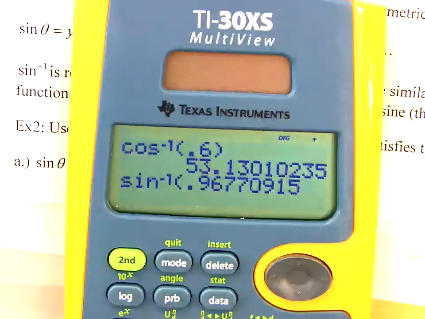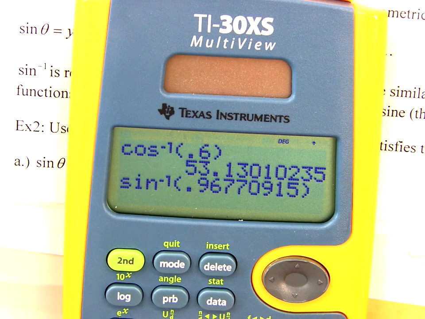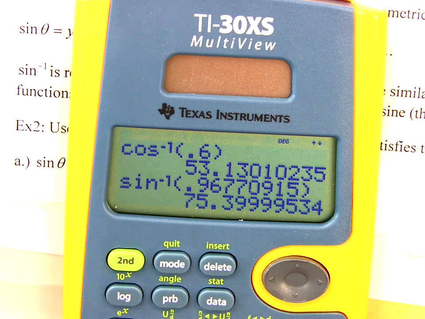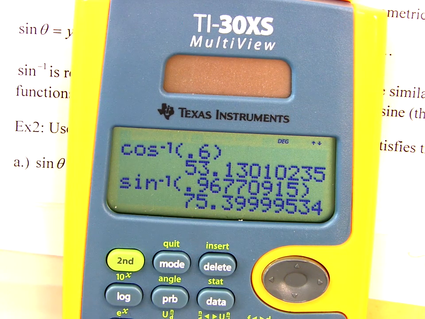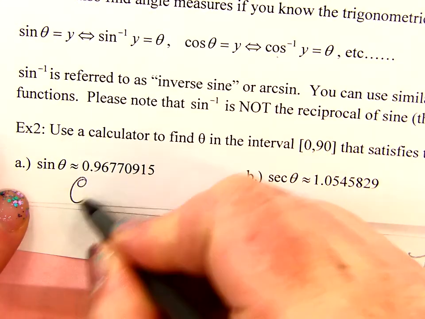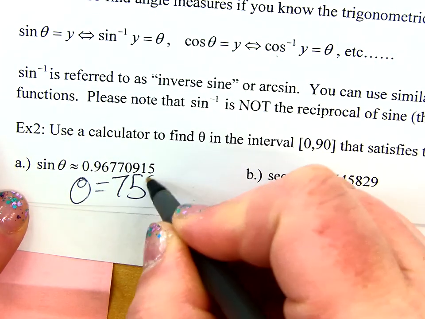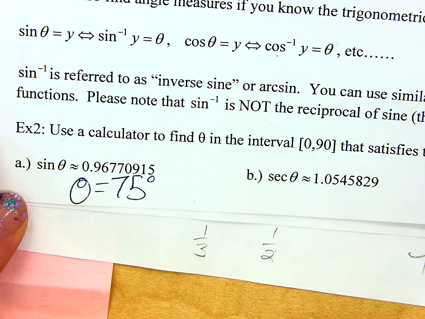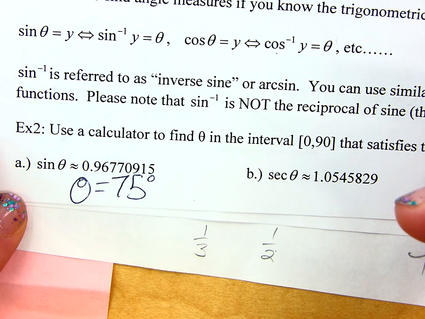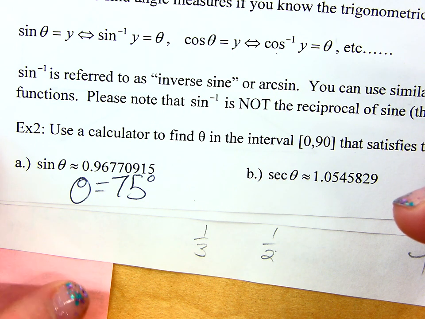It's a good habit to get into to close your parenthesis. It won't matter if you leave it off, but it's just a good habit. Oh, so how about that? That means that that angle must have been 75.4. If you round to the nearest whole, then 75 degrees. So a 75-degree angle would have a sine approximately equal to that. Does that make sense? Okay.